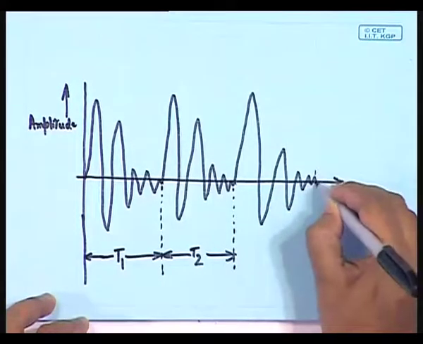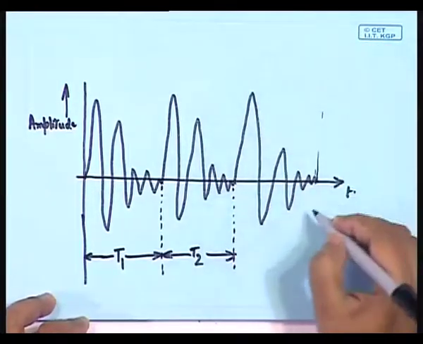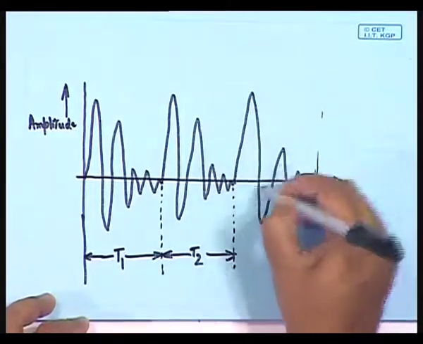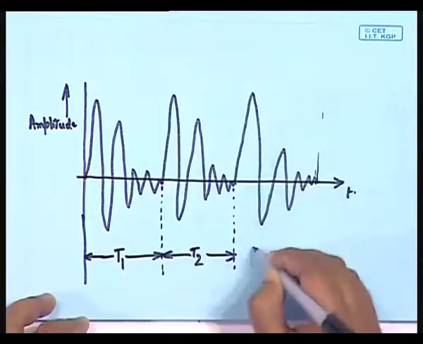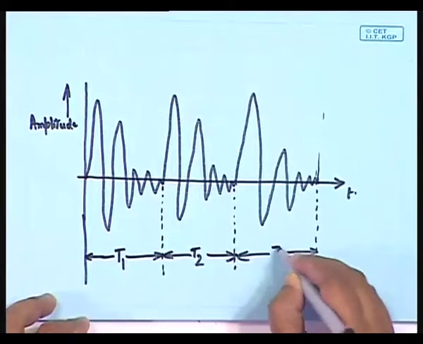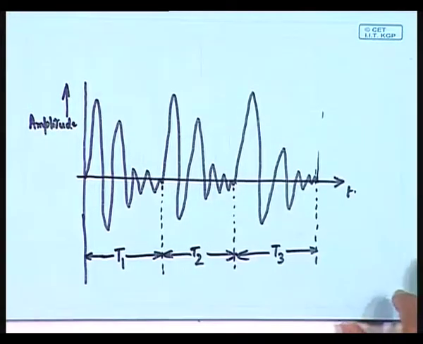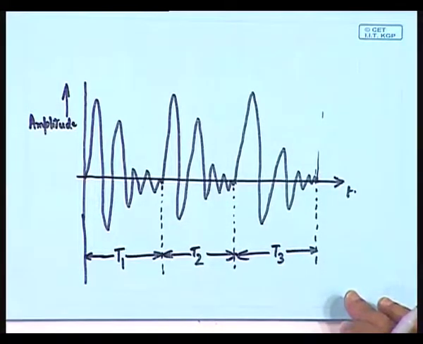From here to here, because here there will be the beginning of the next variation, like here we are seeing that it varies somewhat like this. So again this starts from here, so this we should take as the period t3. So, we normally observe that these periods t1, t2, t3 remain reasonably constant over a very short interval.